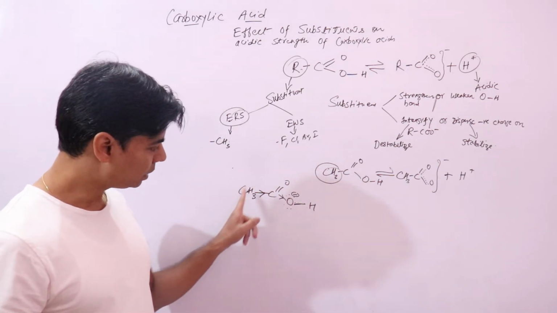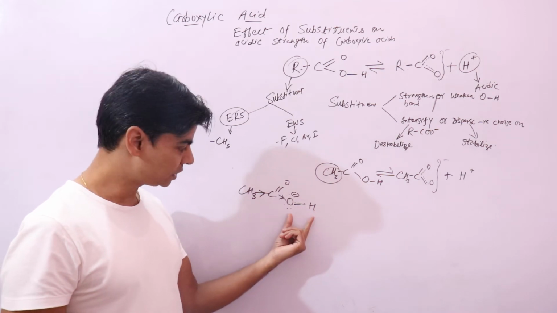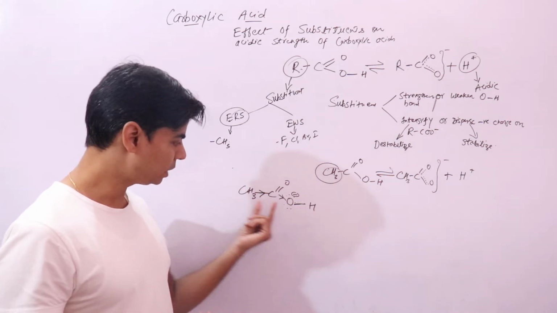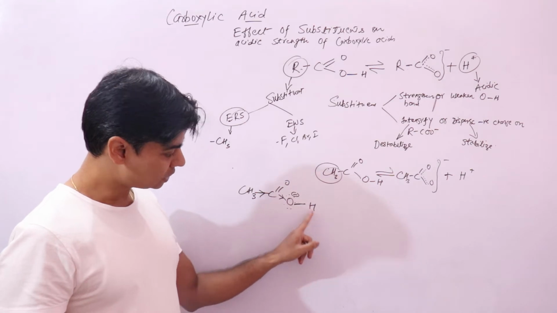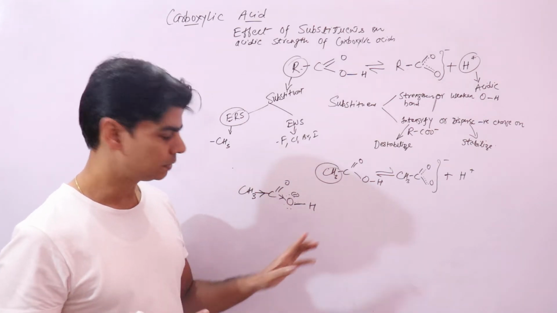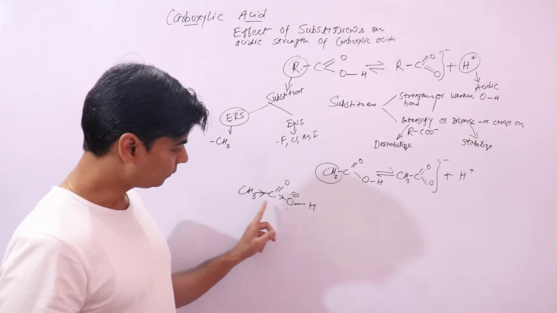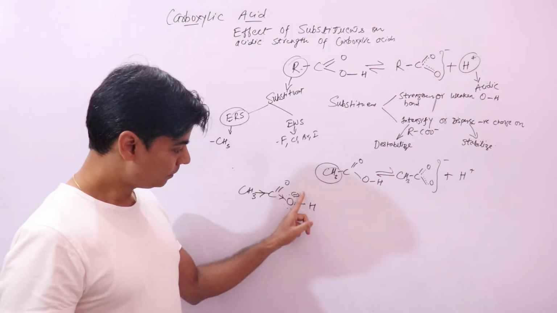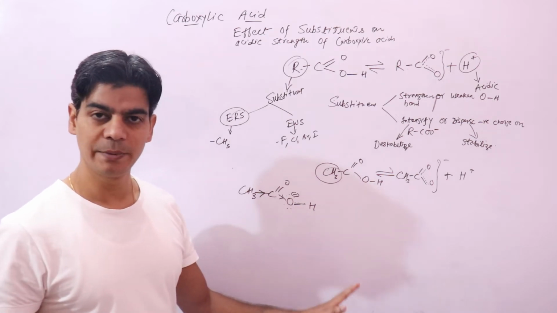Now this substituent will either strengthen this bond or weaken it. If this substituent makes this bond a strong bond, then the dissociation of this bond will become difficult. That means release of hydrogen ions will become difficult, right? Now if this substituent makes this bond weaker, then release of hydrogen ions will become easier.